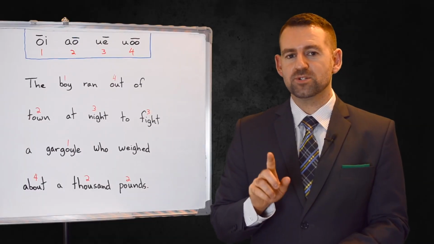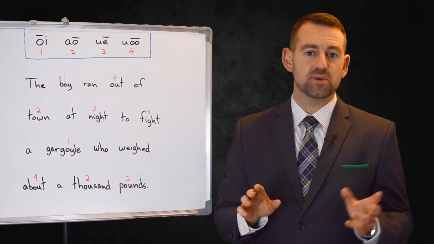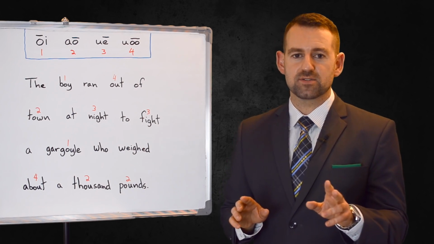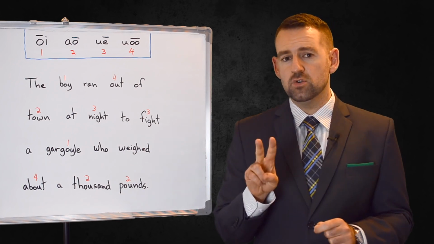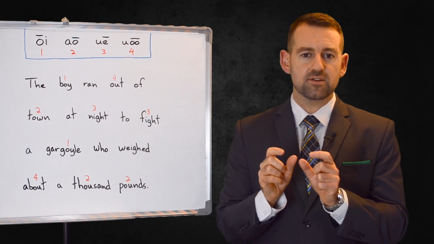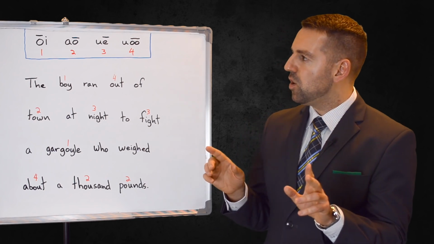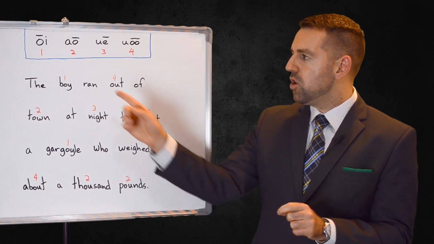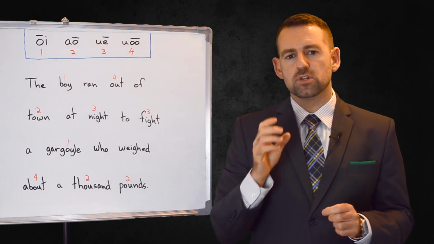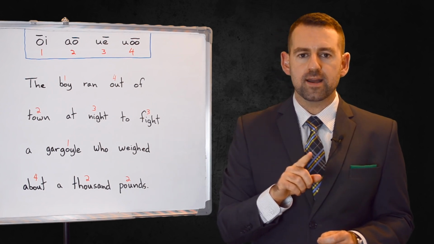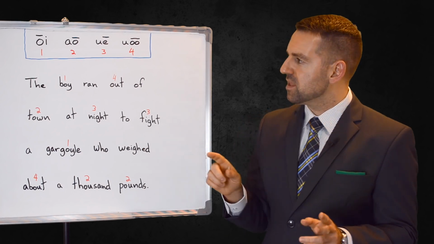All right, there are more special sounds in English besides the schwa sound, and they're called diphthongs. Okay, they're two vowel sounds put together to make one sound. All right, like "oi". It's made with a long O and I: oi, oi.